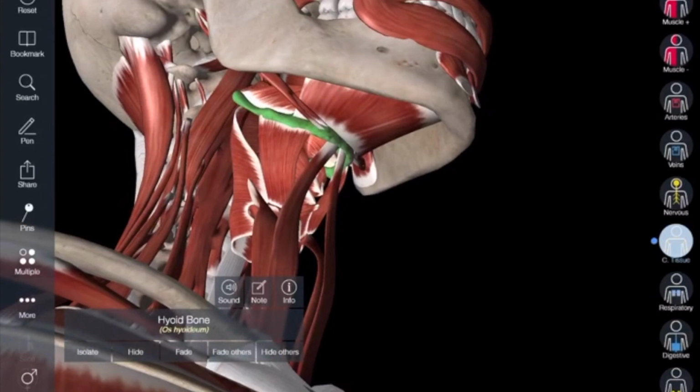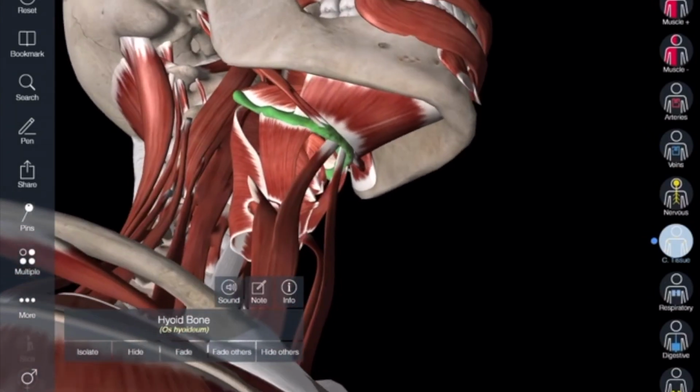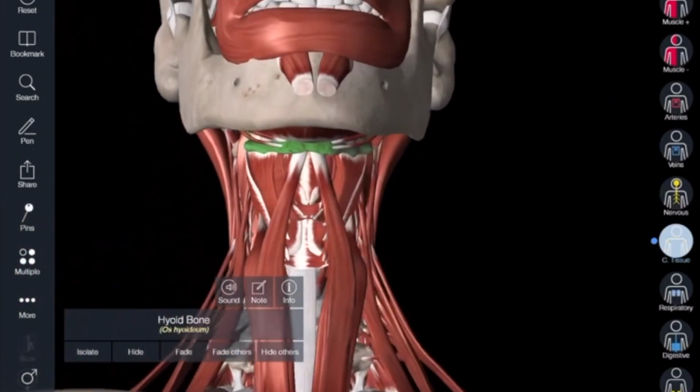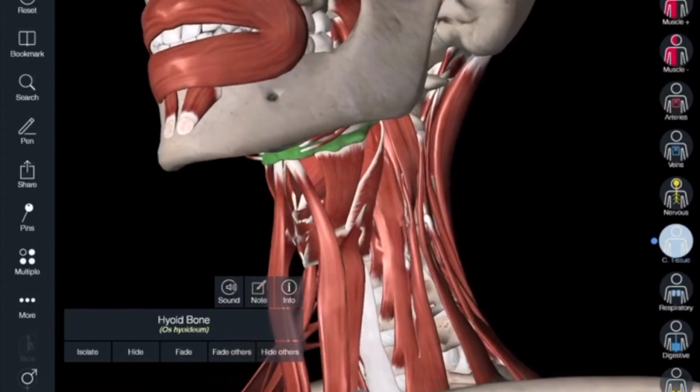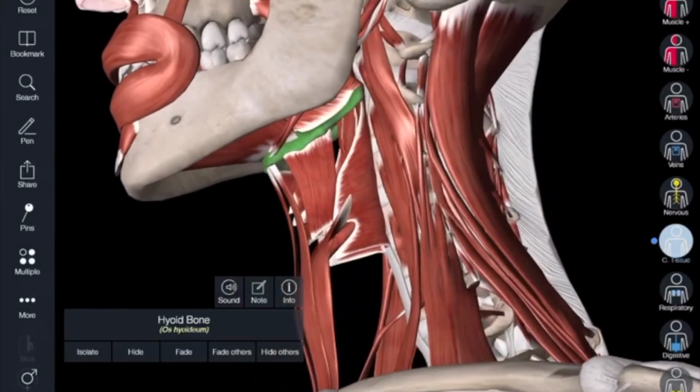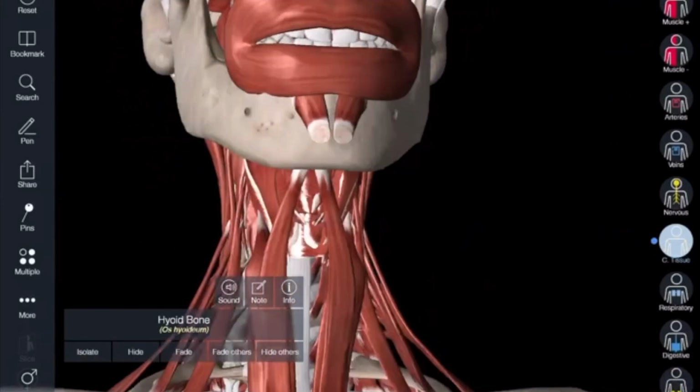The infrahyoids stabilize it from below. So when they're both working, we get this nice stabilization of the hyoid bone. The suprahyoids also depress the mandible. The infrahyoids also participate in flexion of the head and neck when the mandible and the hyoid bone are stable. Okay, that's it for video 18.